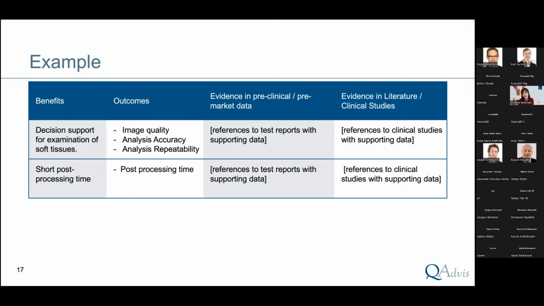Then in the column with the evidence in preclinical pre-market data, you would need to put references to test reports with supporting data for both benefits, and/or do the same with literature clinical studies. So this is a way of doing it.